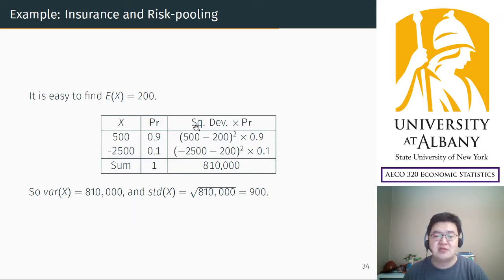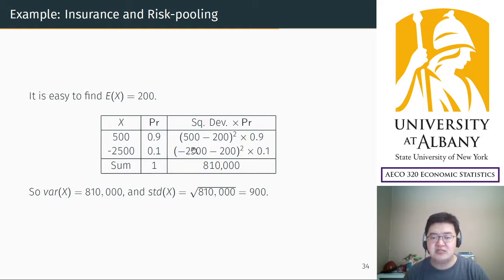And let's look at the variance. So variance is the sum of probability weighted squared deviations. The squared deviation is calculated as the outcome minus the mean, which is 200. So 500 minus 200 and minus 2,500 minus 200.